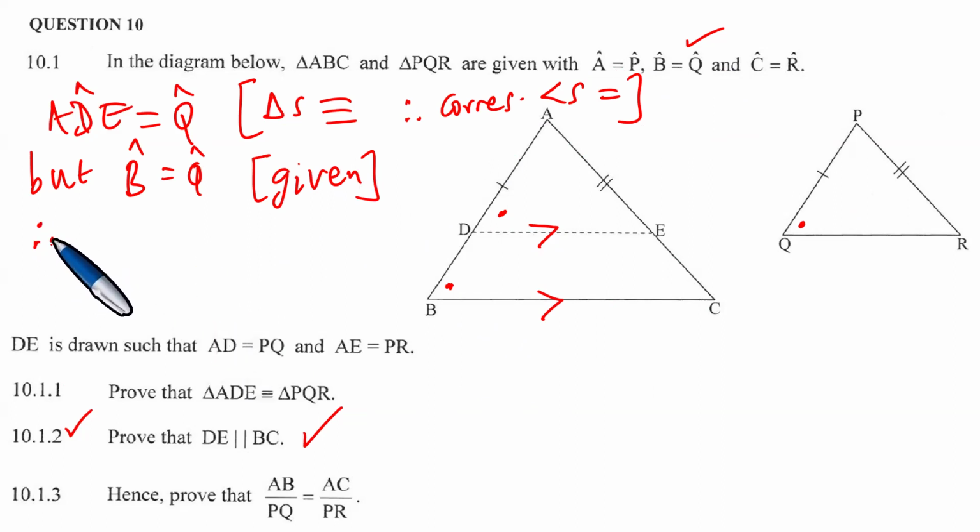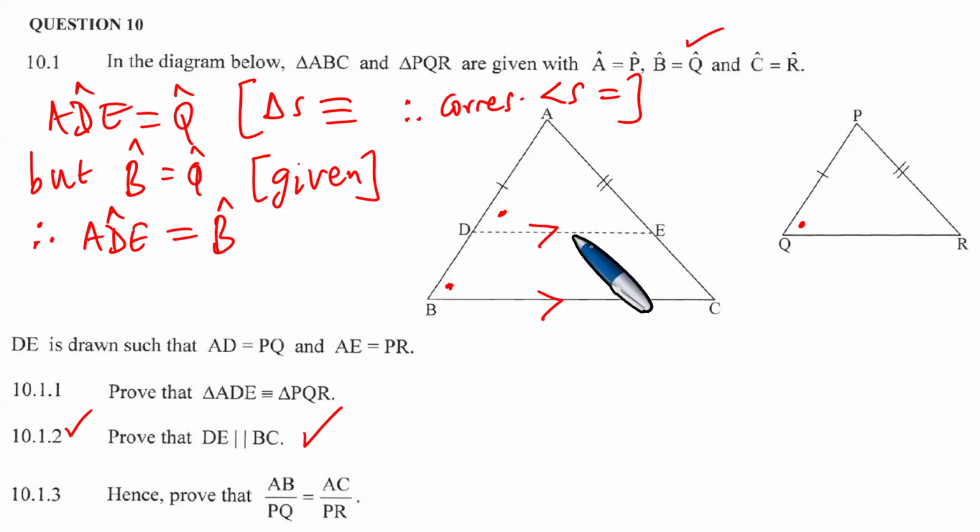Therefore, angle ADE is equal to angle B. Well, angle ADE is Q, because we have congruent triangles, therefore corresponding angles are equal.